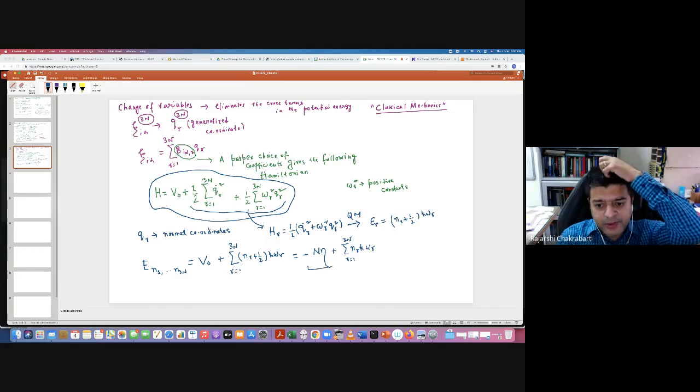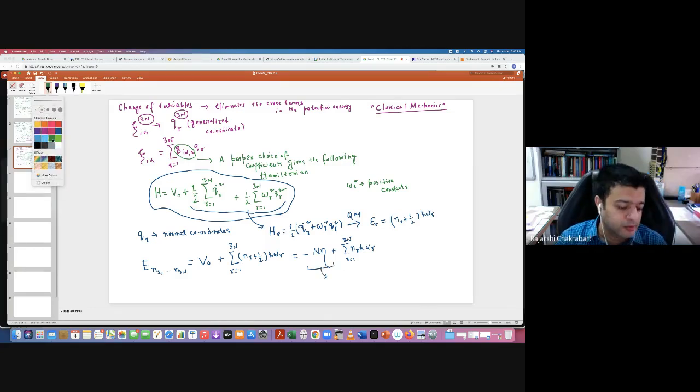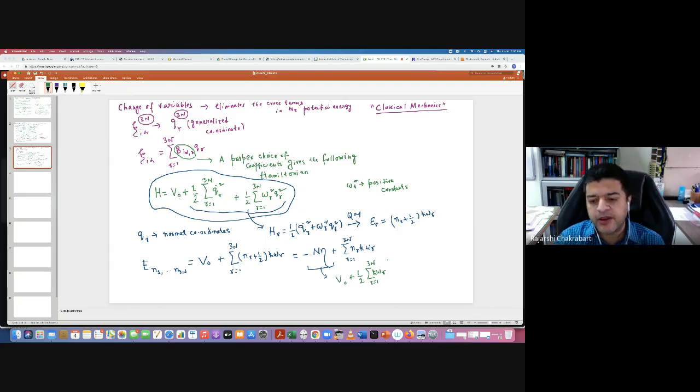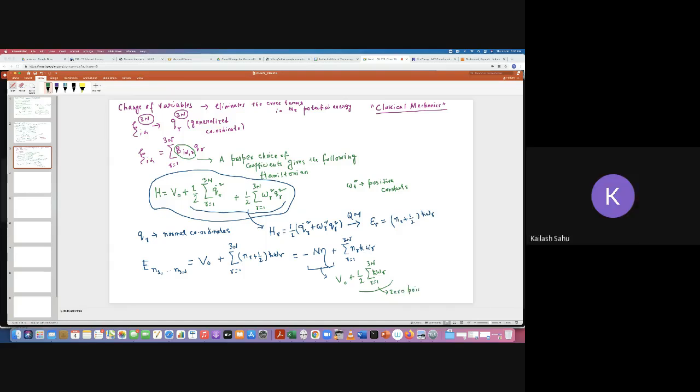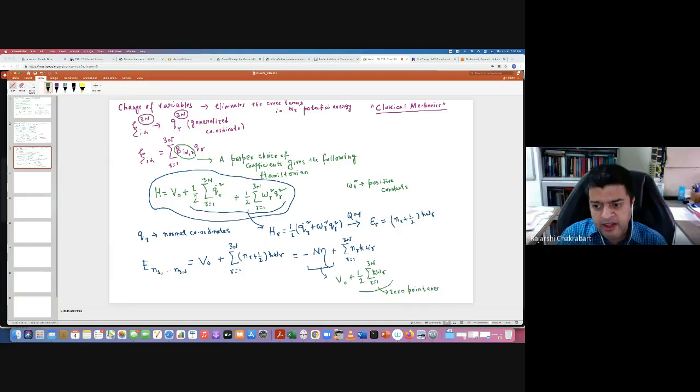And then this part is equal to V0 plus the sum of half h cross omega_r. Is this clear? And this is actually the zero-point energy, this one, no? Physically, what is this? Can anyone tell me?